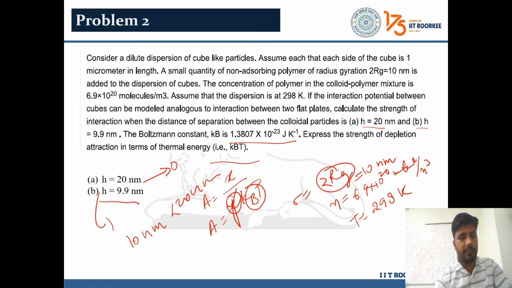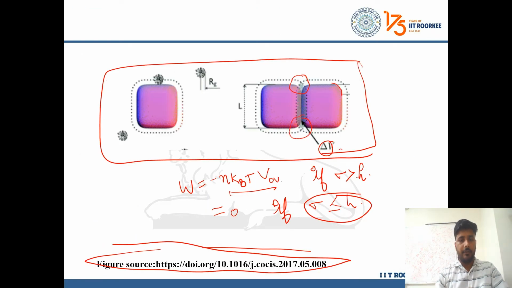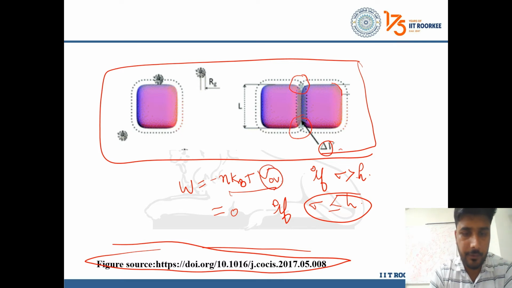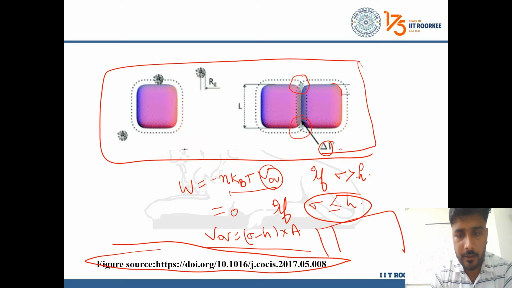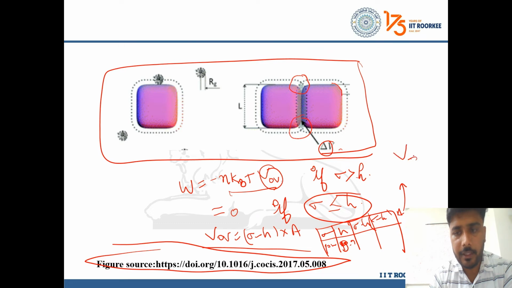If I calculate for the other case, you just have to follow simple calculations. I can expand the overlap volume: V overlap is equal to sigma minus h multiplied by area. Sigma is given here as 10 nanometer, and h is 9.9. So you calculate sigma minus h and multiply by area, and you will get the overlap volume.